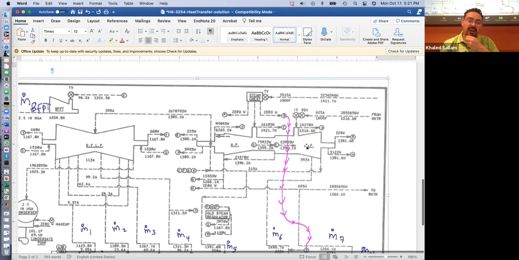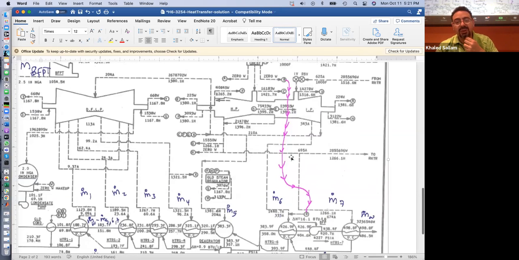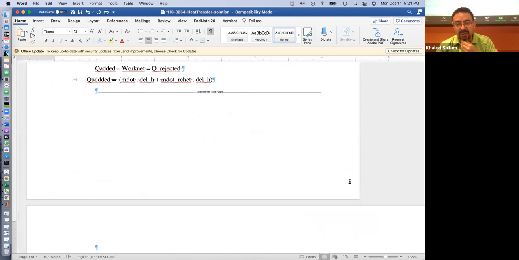Yes, high and intermediate here, and then this is the low. Right? I guess what's also confusing is how the flow rate coming in is split. Some goes to the feed water heater and some goes to the reheat. But again, what you really care about is how much is going to the reheat.